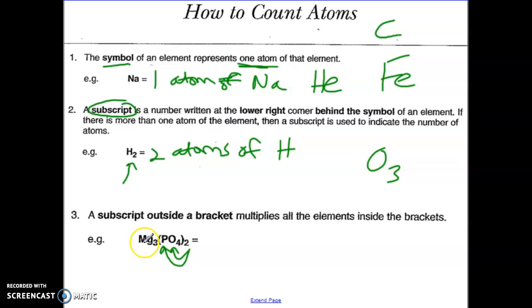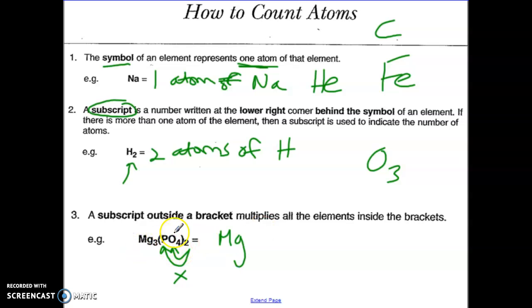So for example, here I have Mg, P, and O. So because the 2 is outside of where phosphorus and oxygen are, that 2 only applies to them. It does not apply to magnesium. So how this works when you're counting atoms is essentially you multiply the outside subscript by the subscripts that are inside of the brackets. So let's take a look at this one in example.